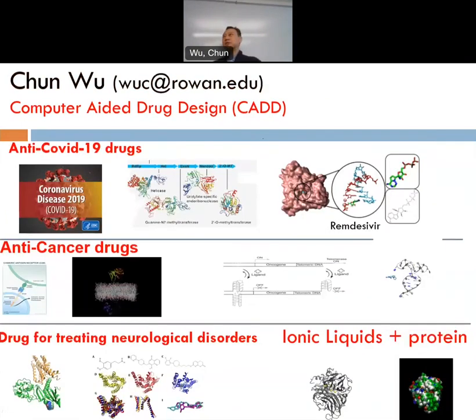Through this class, you learn all the techniques we have used. We do anti-COVID-19 drug development, cancer drug development, and even receptor design. This is a simulation of the T-cell receptor. We want to design the receptor for curing cancer.